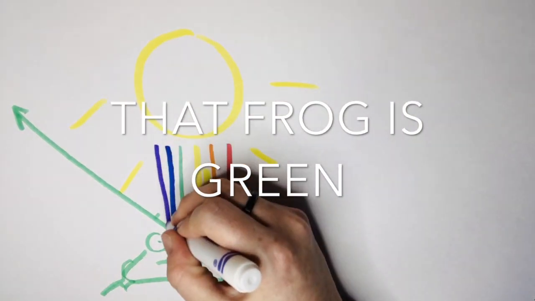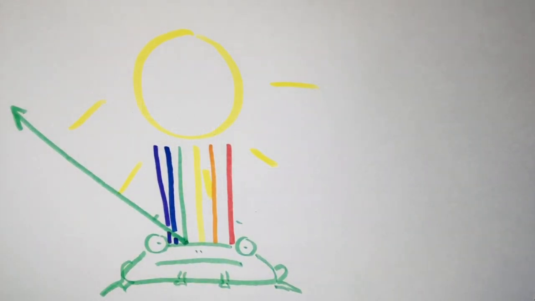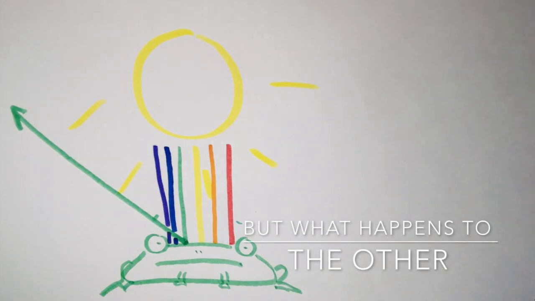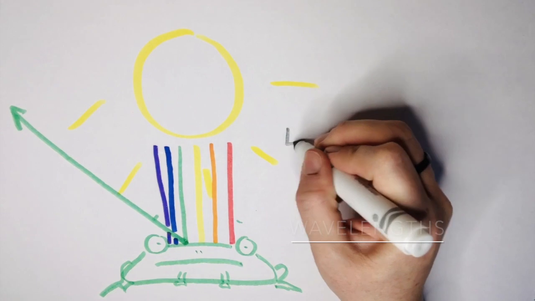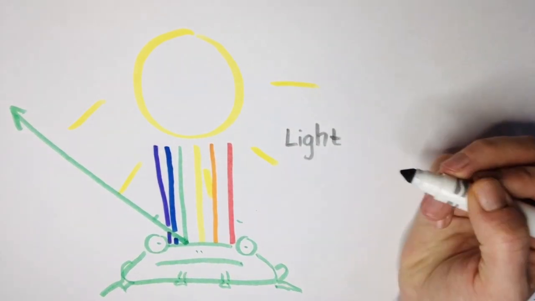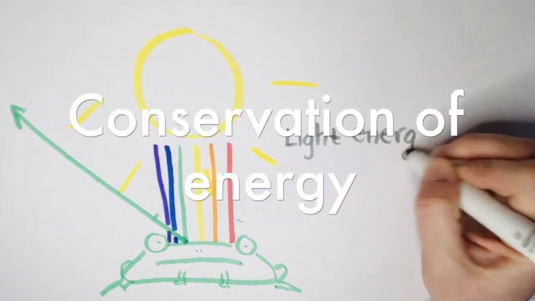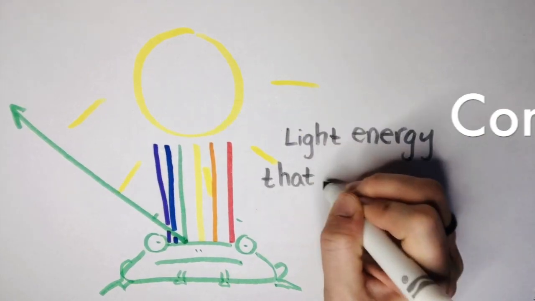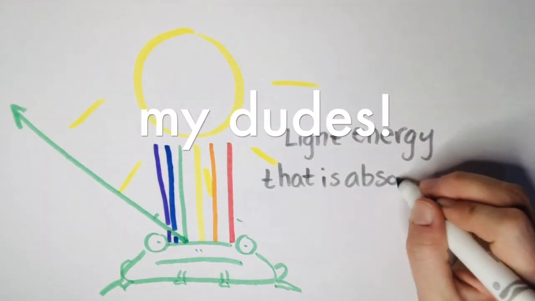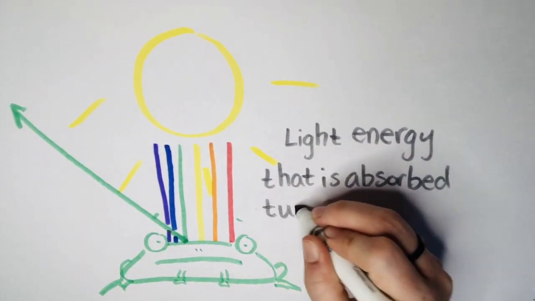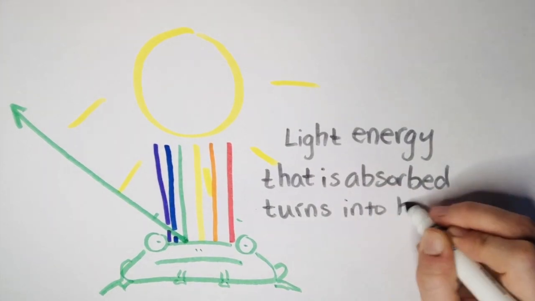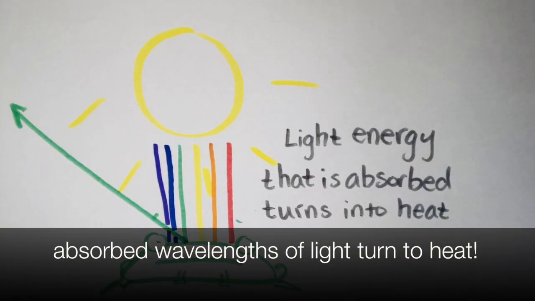That frog is green, but what about the other wavelengths? Conservation of energy. Light energy that is absorbed turns into heat.